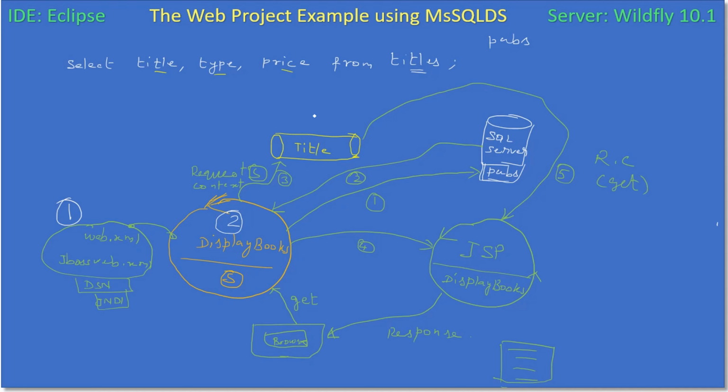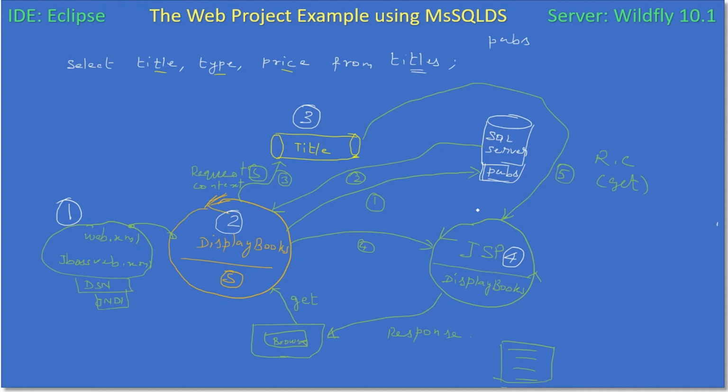In between we will create this Java bean, the title Java bean. Previously we created a customer bean, right? The same way we will create the title bean here. That's one file. Then we have to create our JSP file. That's all that is required.